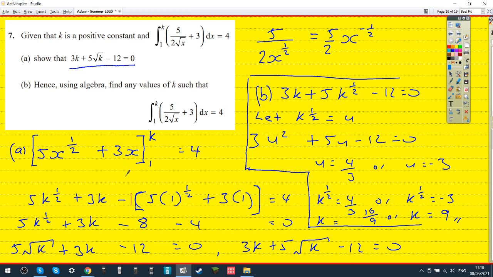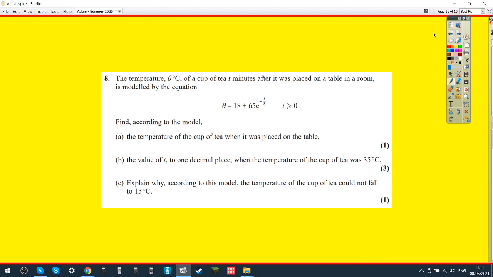It's just the difference between them. If you're trying to do part A and you keep getting the wrong answer, part B you can just solve this equation, because they've told you that's what it is. It's a hidden quadratic, where you let the smaller one be equal to u and then sub it in. That's k to the 1, that's k to the half, so if you let it be equal to k to the half, then it becomes a quadratic. Just watch out for it.